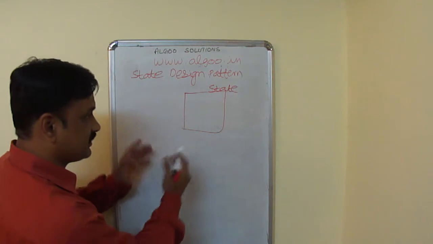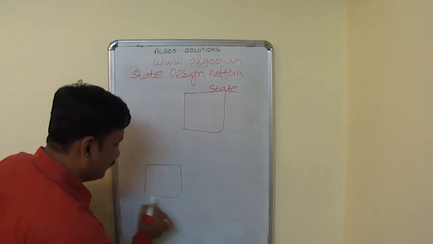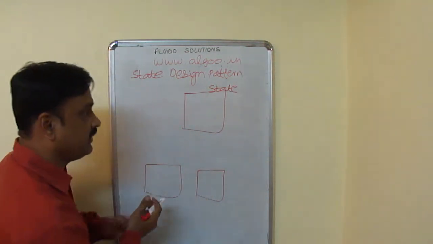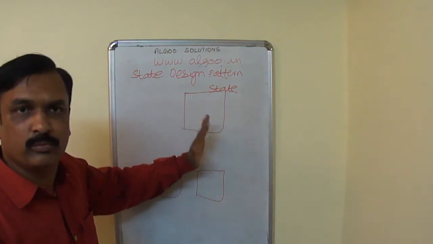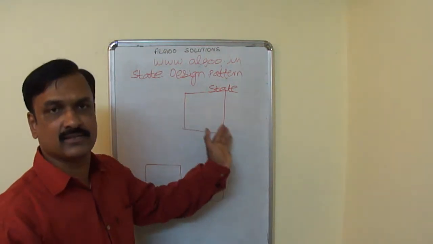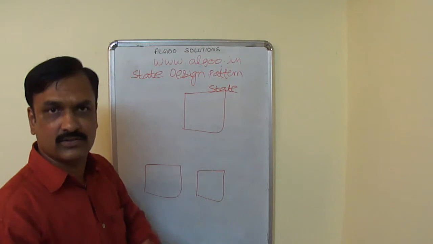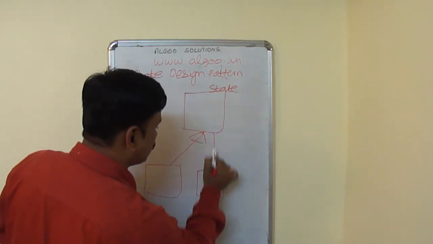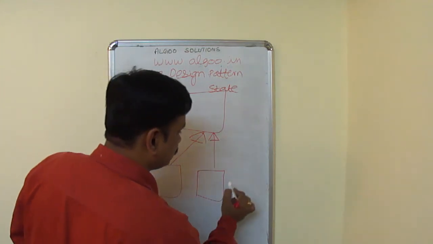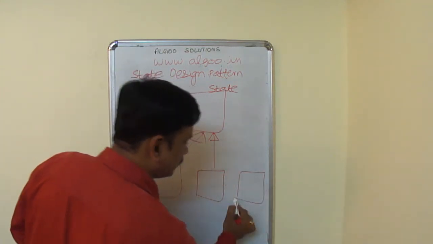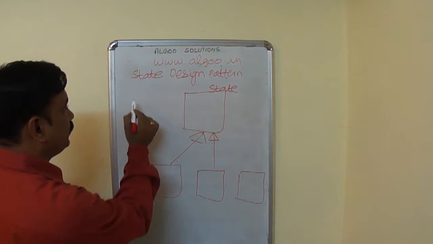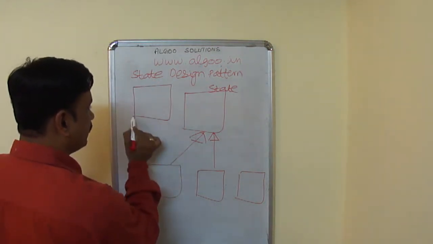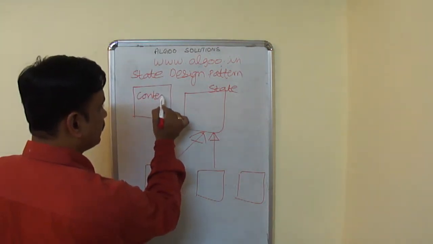We have a state which is the base class. This could be an interface or it could be a non-abstract class also. You could have some implementations here, right? Now you have many derived classes from this, right? Now you have what is called a context class.